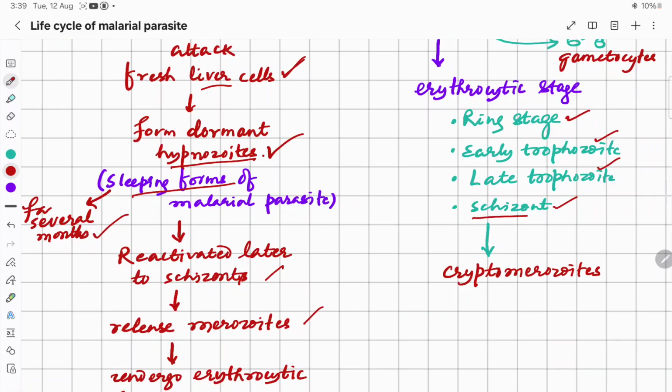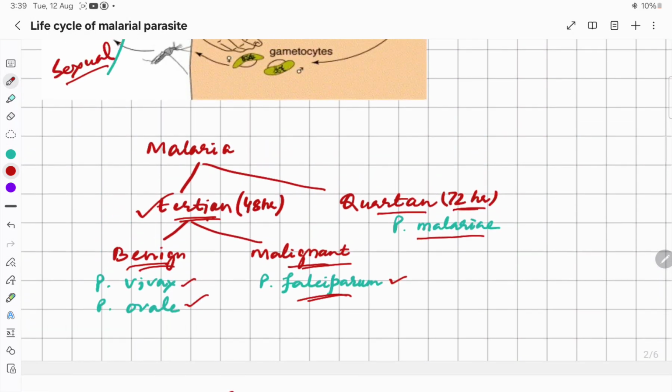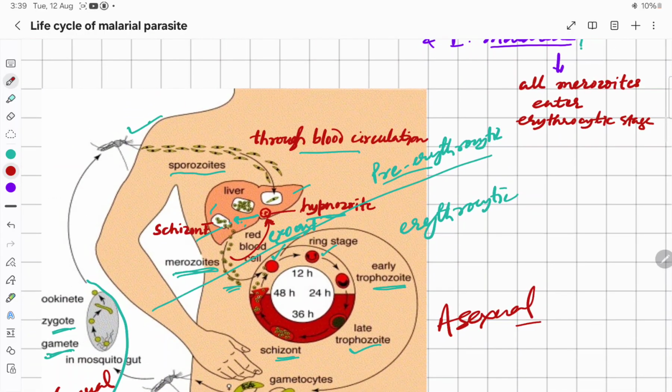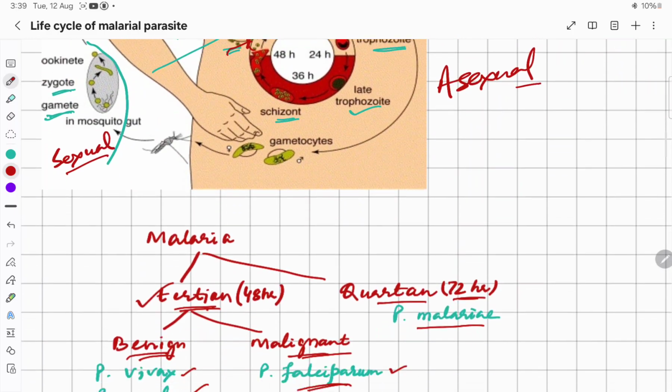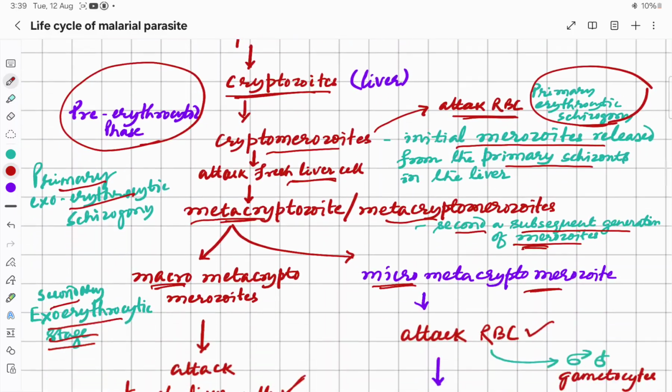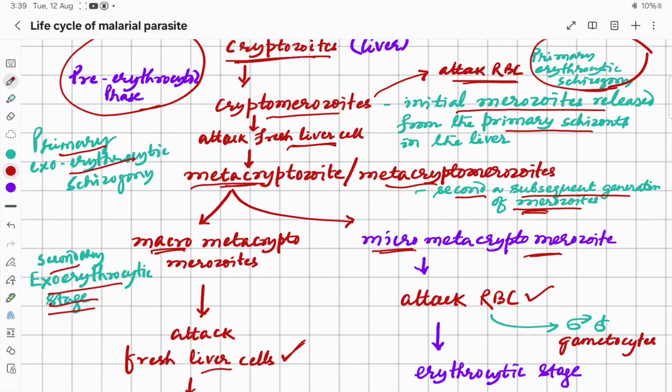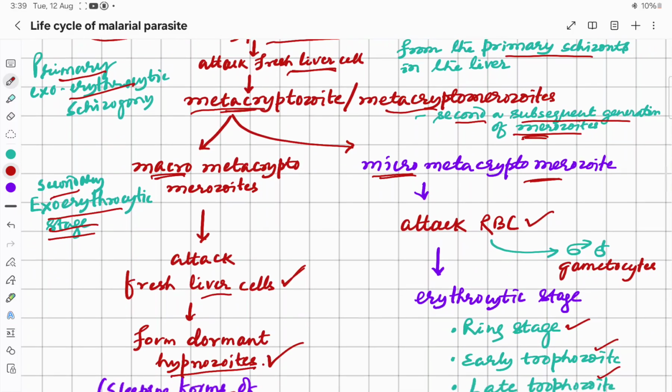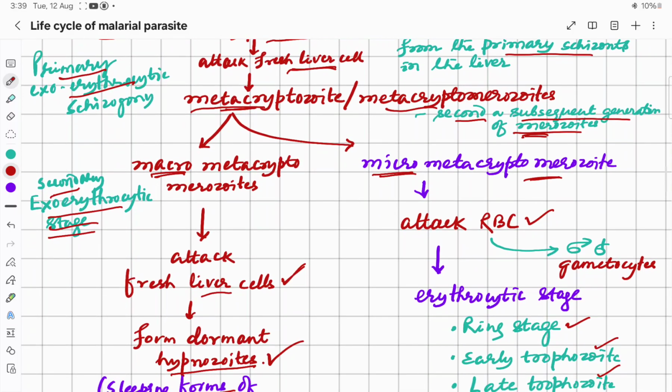Finally, the schizont bursts to release the merozoites, and again this cycle continues. They are released and can further attack fresh erythrocytes. So this is erythrocytic schizogony.